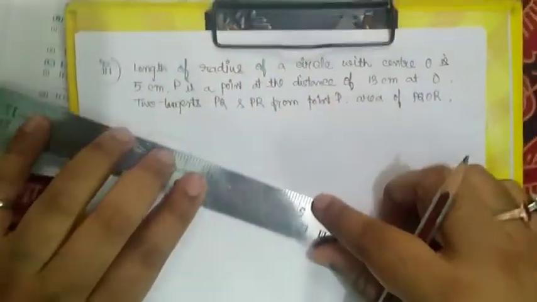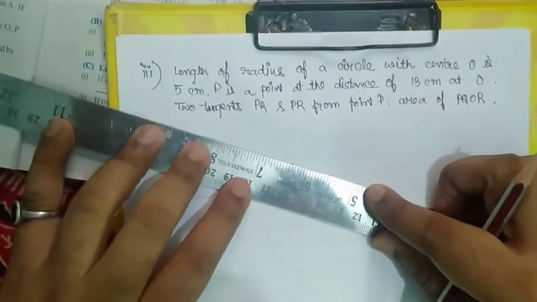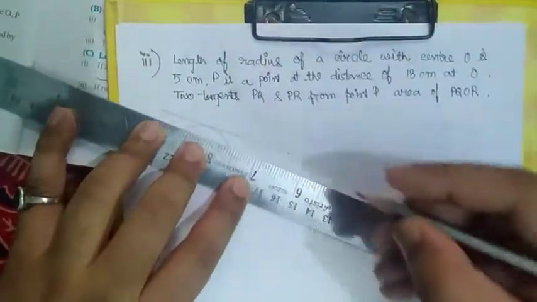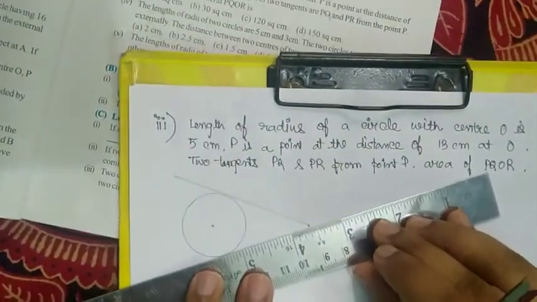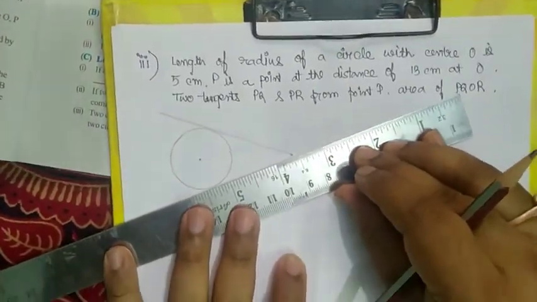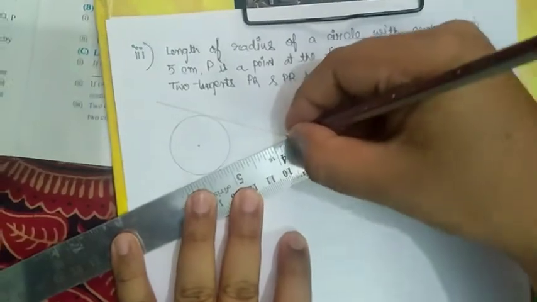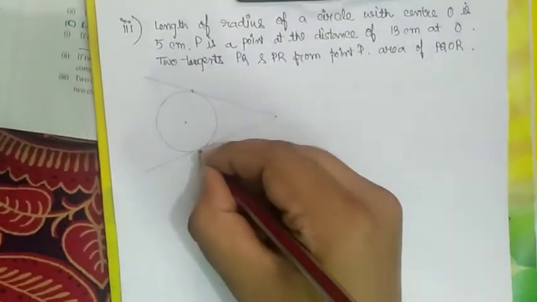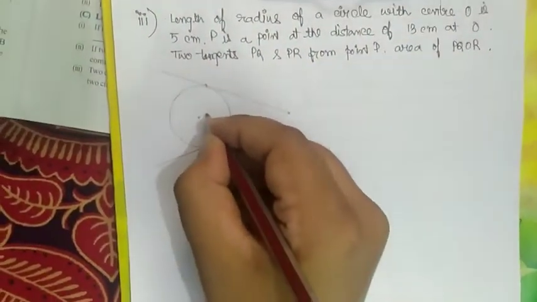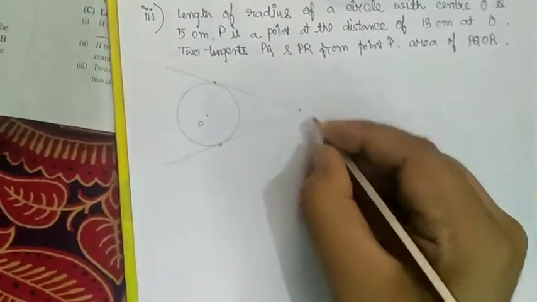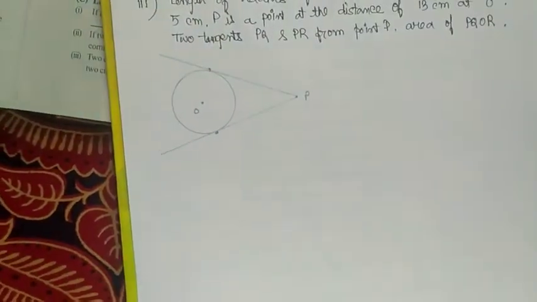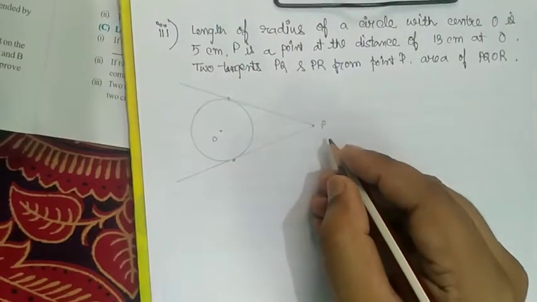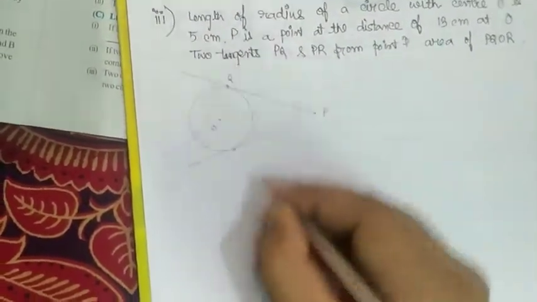First of all draw two tangents, this should be a common tangent, and here, so this is one point, this is O, this is P. Now PQ and PR are the tangents.